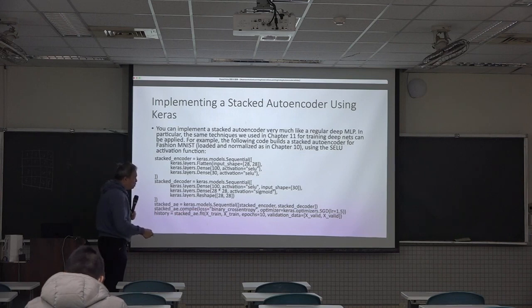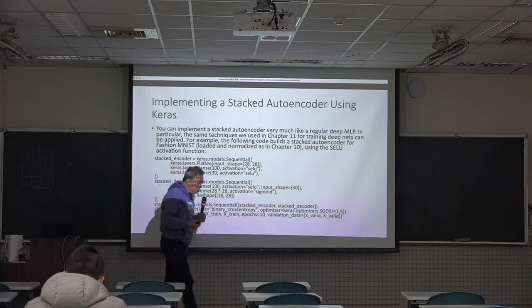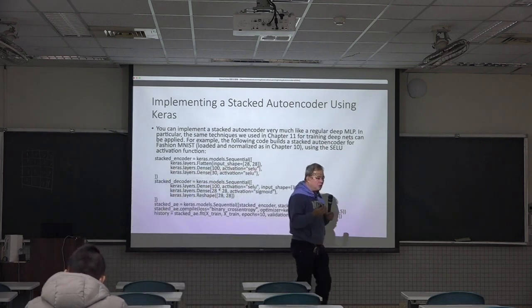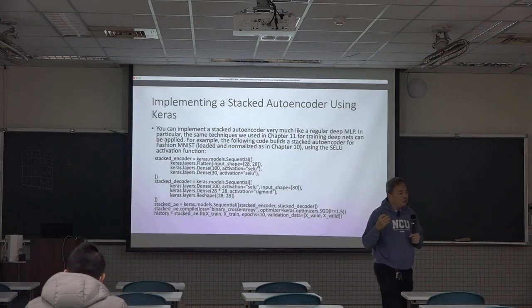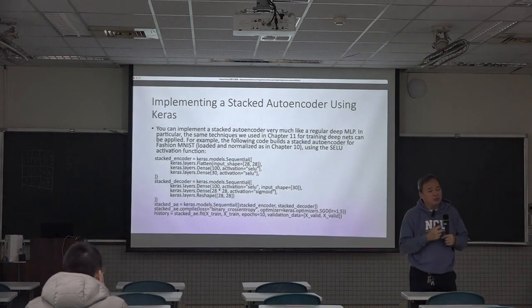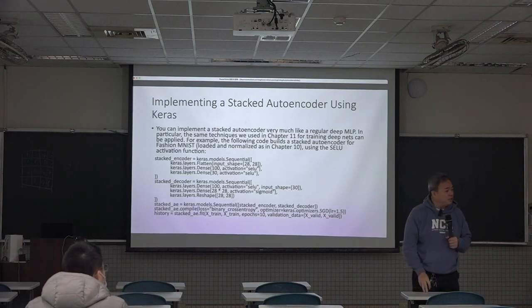We use binary cross entropy. The optimizer is not much to talk about, but the loss function is binary cross entropy. If you still recall, binary cross entropy is used for binary classification. Remember?